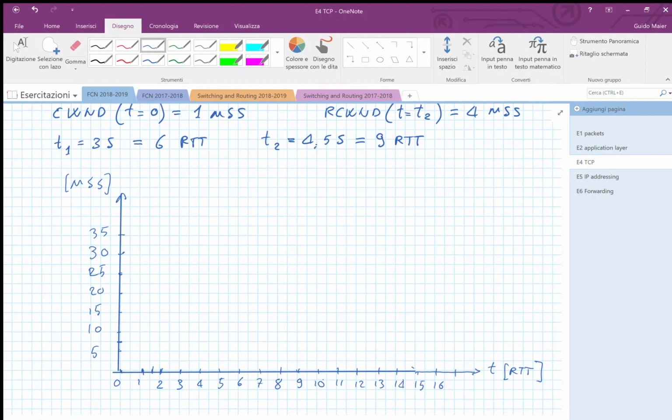So first of all, we can draw the behavior of the receive window, since this is something that is given, and so it's quite simple. We can draw it, let's say, in red.